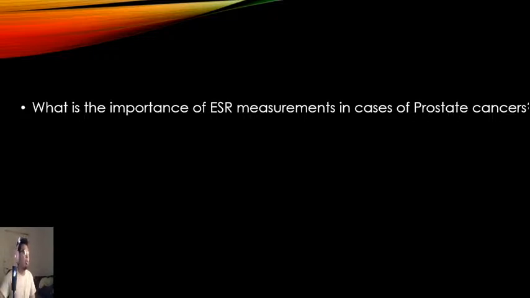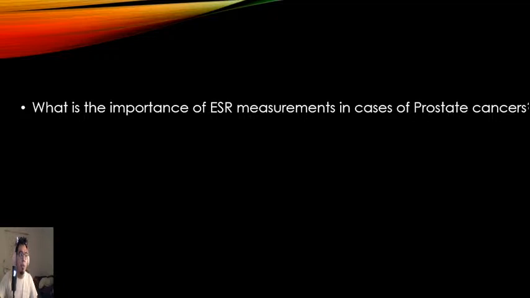Now, let's talk about ESR measurements in the view of prostate cancer patients. Patients with greater than 37 millimeters per hour, according again to the books. Why did I include this? It's usually a question that appears time and time again in question banks for either the ASCP or the board exams.